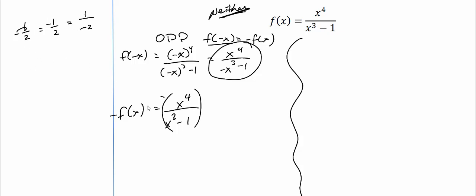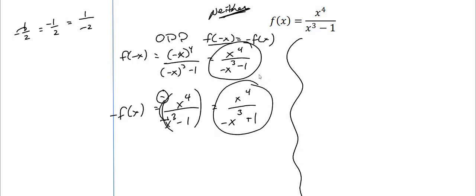So I can put this negative wherever I want. It doesn't go up top because that's positive, so I'm going to put it down to the bottom. When I distribute that negative through, that gives me negative x to the third plus 1. That's different than a negative 1, so these two are not equal, therefore it's not odd.